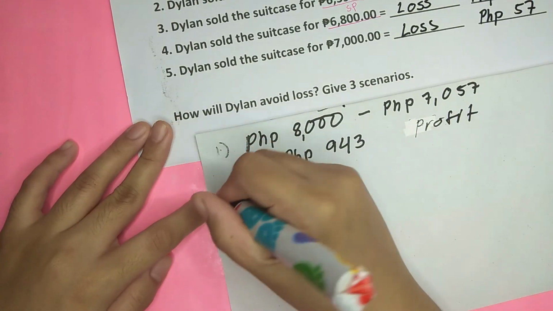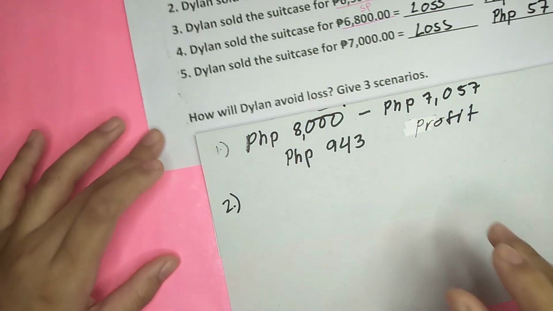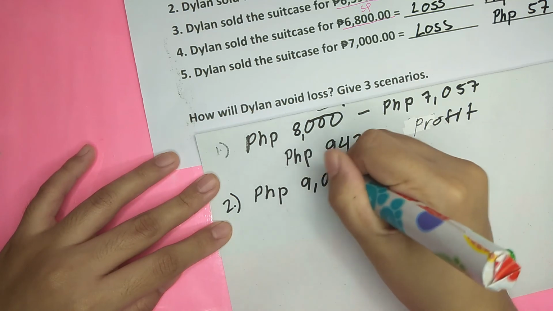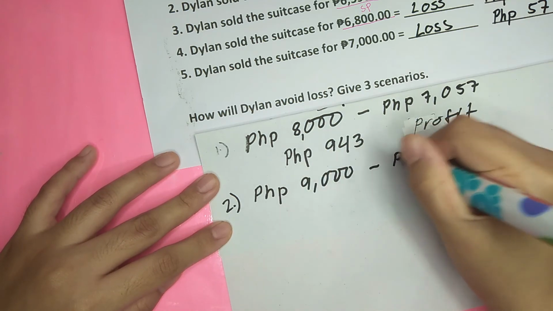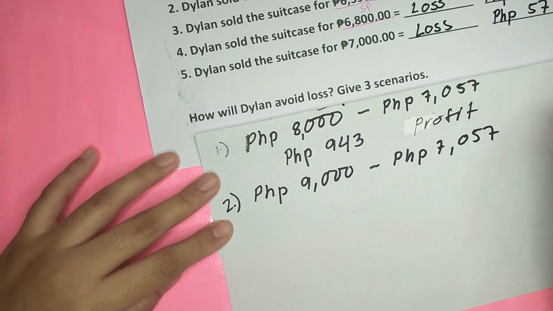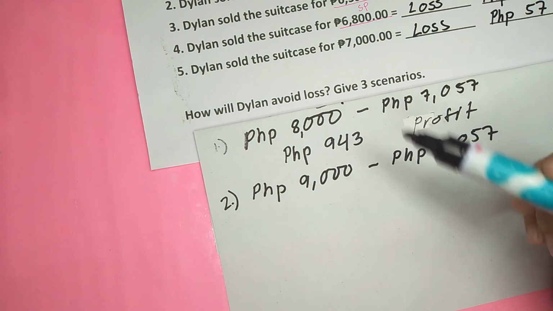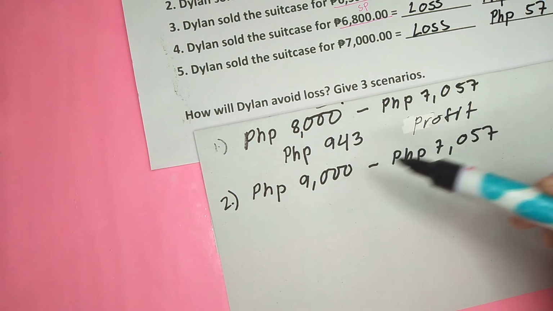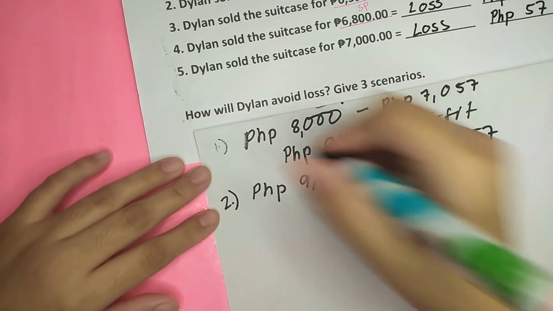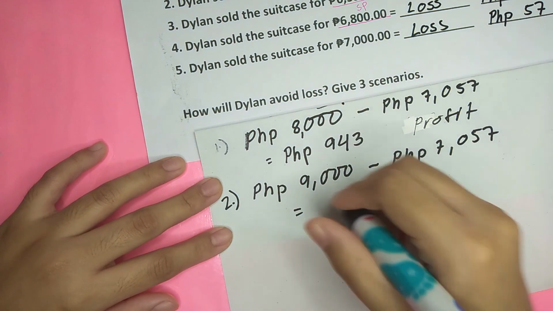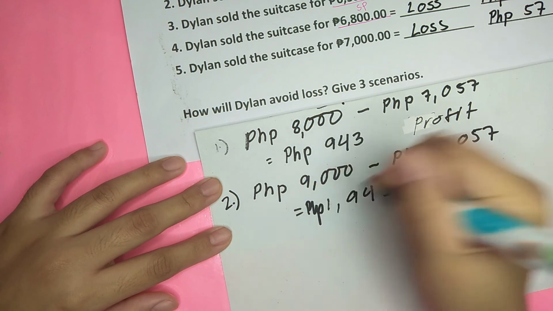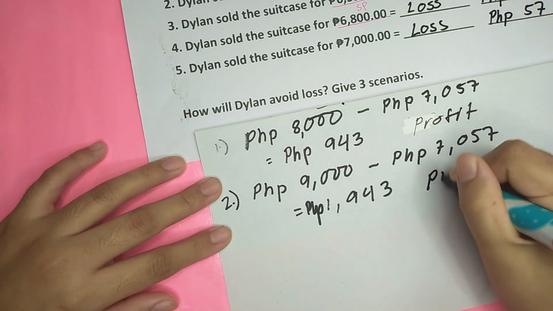The second scenario, if the selling price is 9,000 pesos minus the cost and expenses, dahil mas mataas ang ating selling price na 9,000 pesos sa cost tsaka sa mga expenses, positive ulit yung makukuha natin dyan, which is 1,943 pesos. Okay? So, it is profit, not loss.